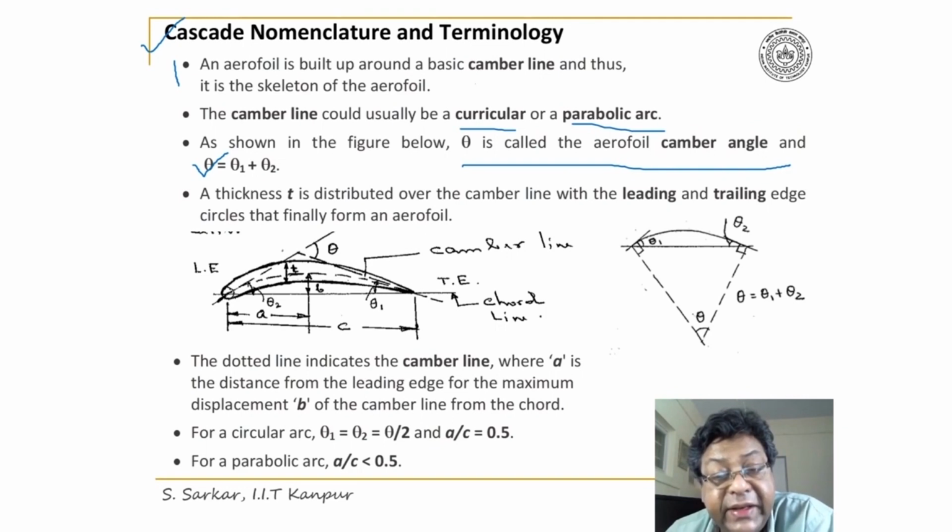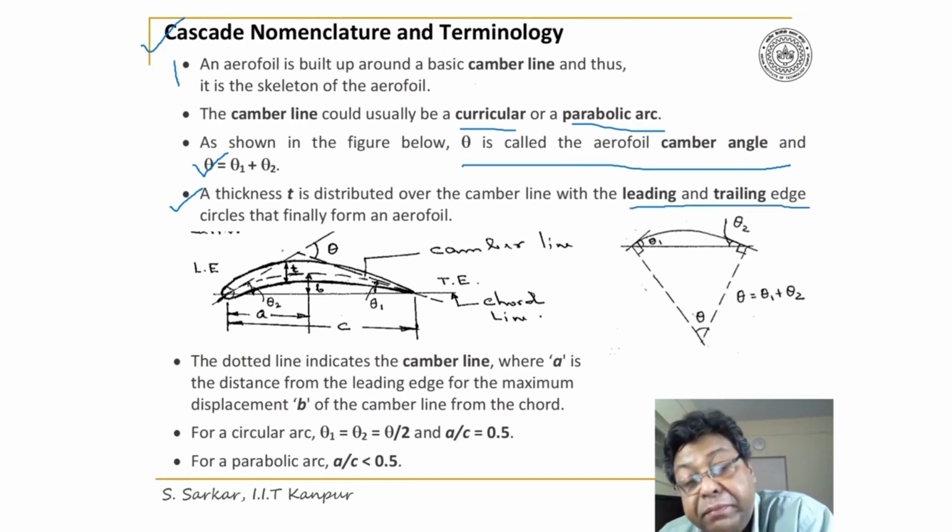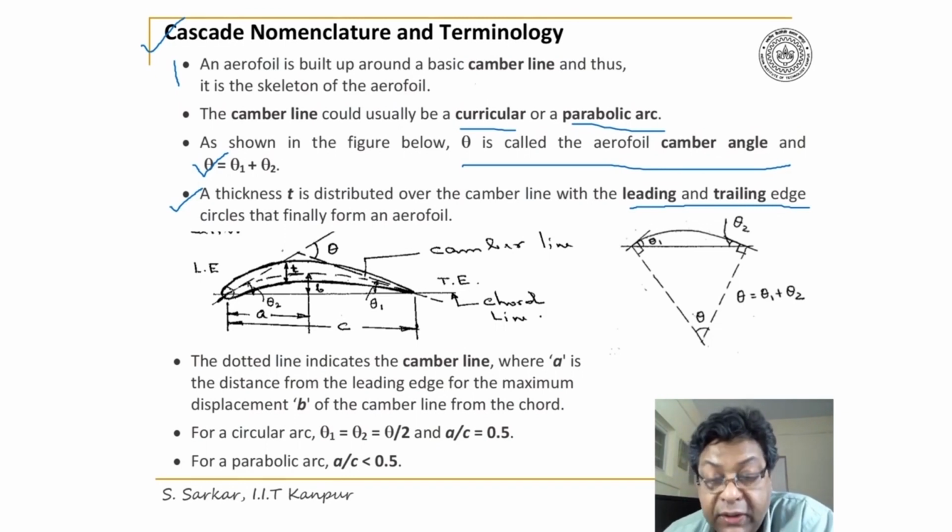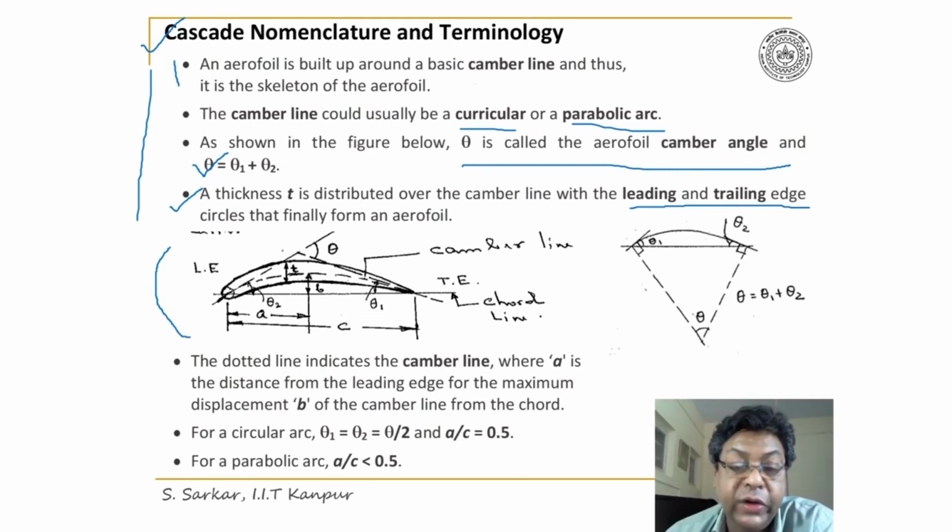And a thickness T is distributed over the camber line along with the leading edge and trailing edge circle that finally forms an aerofoil. What I have told here, I have explained through this schematic where I have developed an aerofoil.